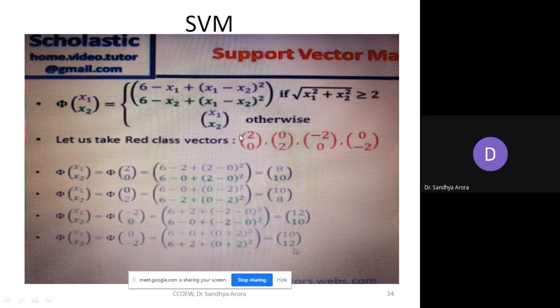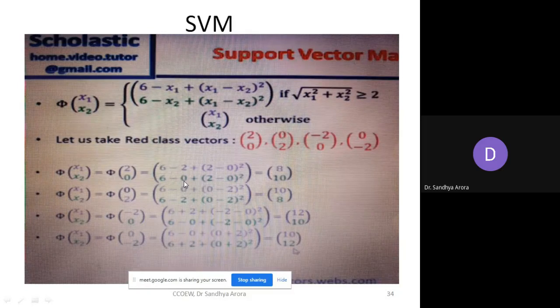So the point 2 0 will be changed to 6 minus 2 plus 2 minus 0 whole squared, which is 8.